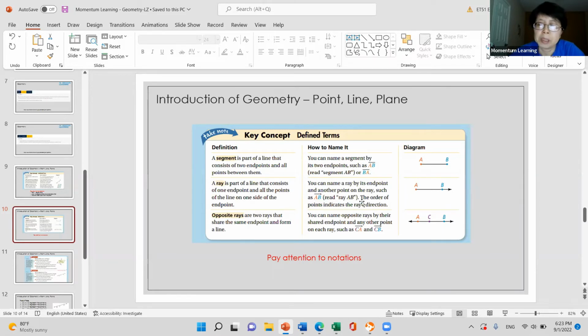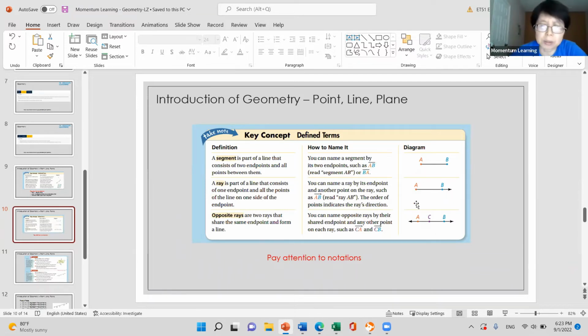So for the notation of the ray, pay very much attention. You always start with an endpoint. So if you say ray AB, you know A is the endpoint, and B is another, different point on the ray.